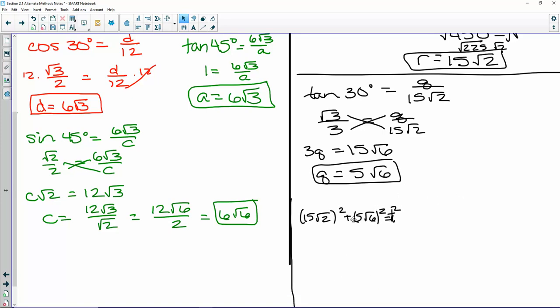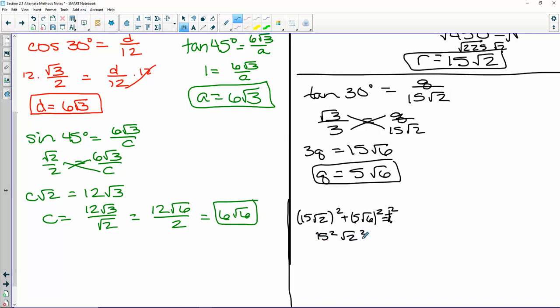When you see 15 radical 2 squared, it means you have to square the 15 and you square the radical 2. So 15 squared is 225, radical 2 squared is 2, and you multiply those. So it's 225 times 2, so that's 450. This means 5 squared and the square root is 6 squared. So 25 times 6.